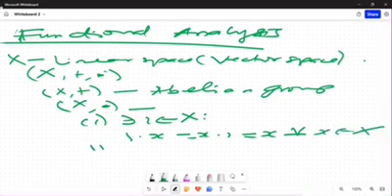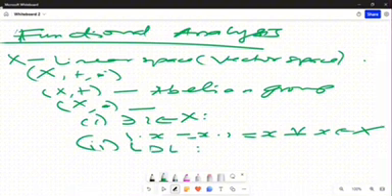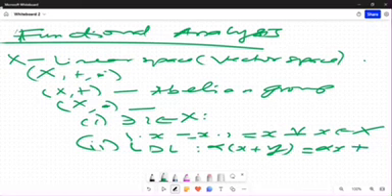Number two, you have the left distributive law. In other words, if you have alpha into X plus Y, then alpha X plus alpha Y will coincide with this.